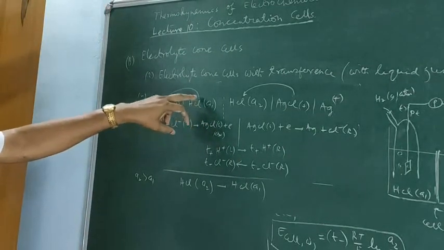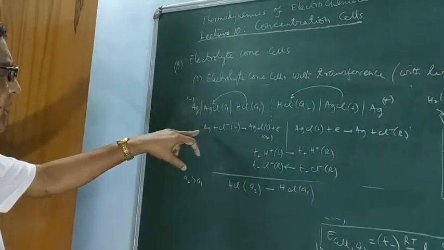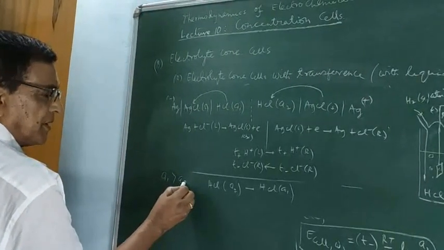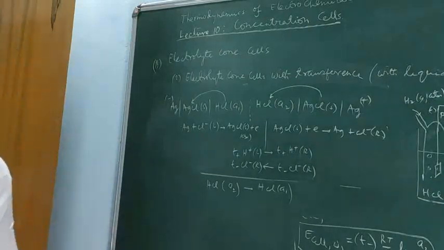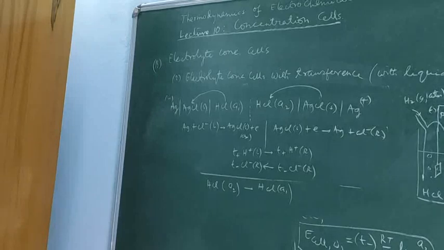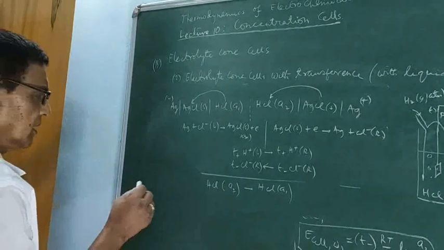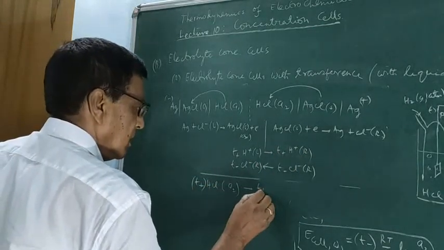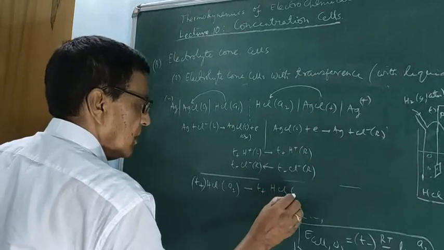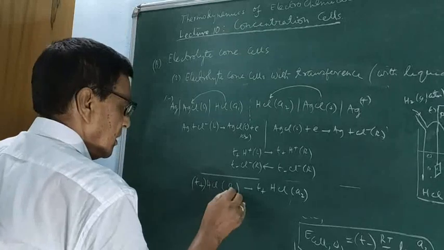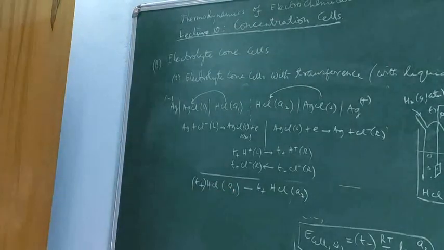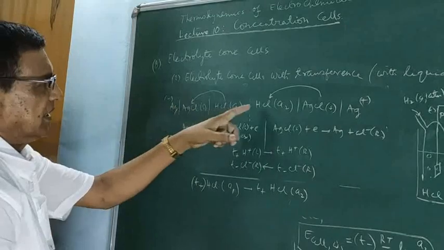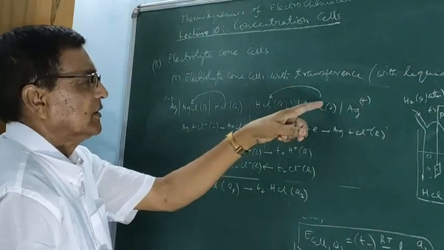This is why the chloride ion is being removed here, and this hydrochloric acid having the lower activity is why the chloride ion is coming here.